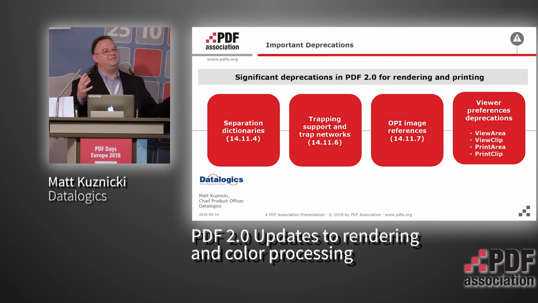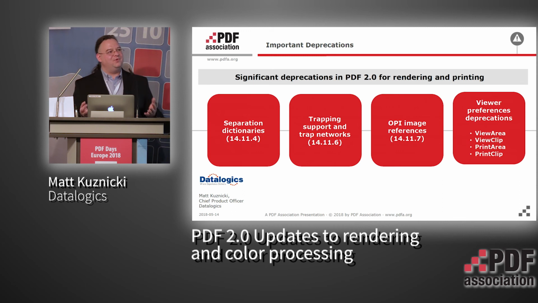You could define an array of pages, each of which represented a pre-separated plate, if you will, for print processing. The ability to do this has been deprecated in PDF 2.0. It's now on the PDF processor to generate separations as it sees fit.